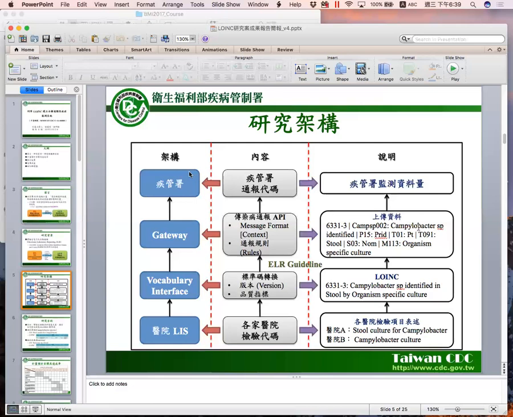So today I give you an idea about what interoperability really means, and I show you a real example of how to use standardized terminology, how we collect the practical usage, and how we improve it. That is useful.